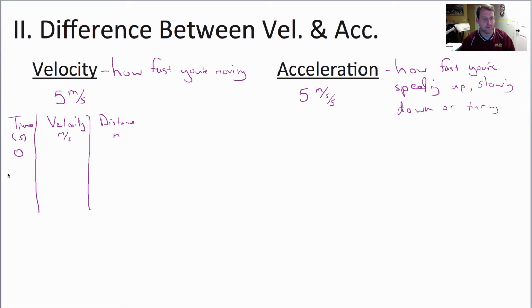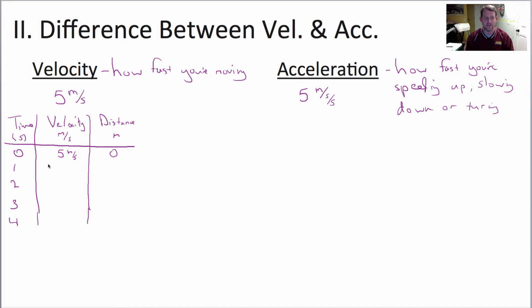So we'll take a look at 0 time, 1 second, 2 seconds, 3 seconds, 4 seconds. And we'll look at what happens to the velocity and the distance during those times. So at 0 time, we're moving at 5 meters per second, but we haven't gone anywhere because it's still 0 time, so we're at 0 distance.